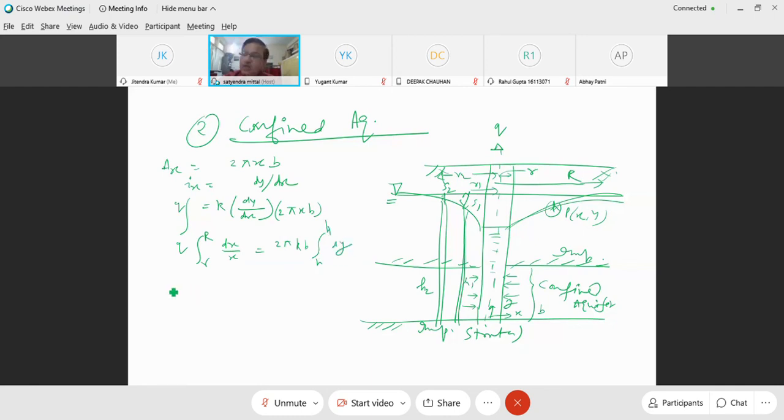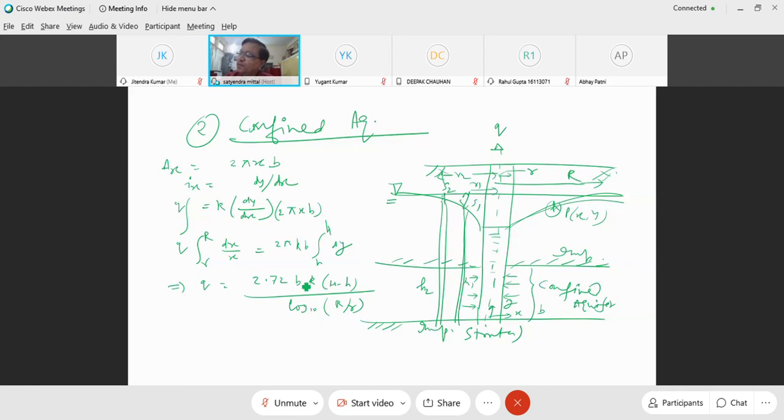So on simplification, you get the value of Q as equal to 2.72 b K into H minus h upon log to the base 10 R upon r.